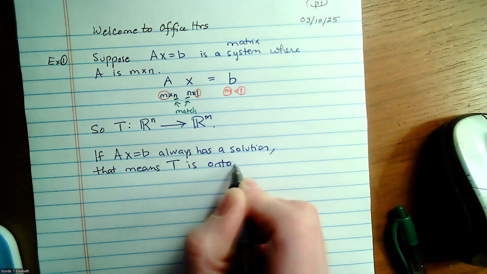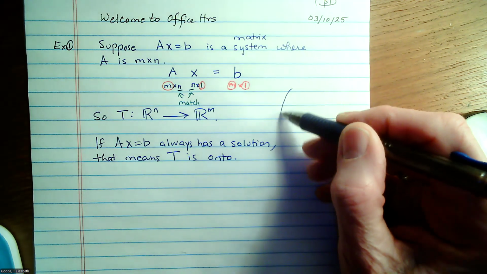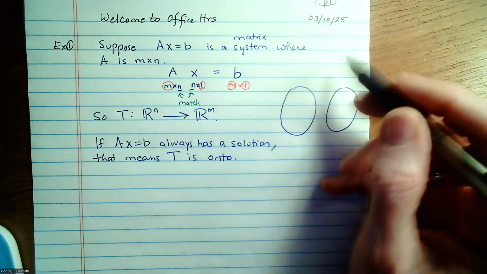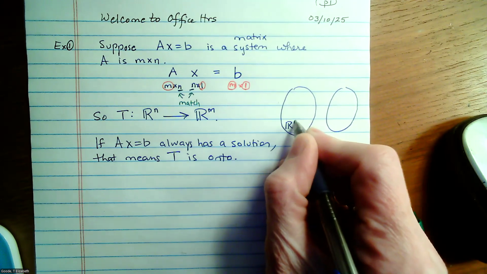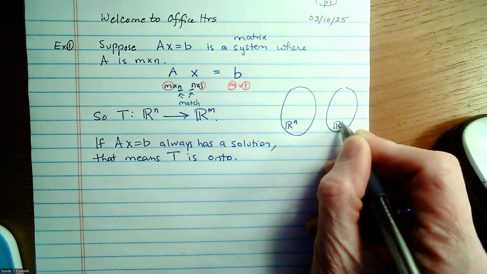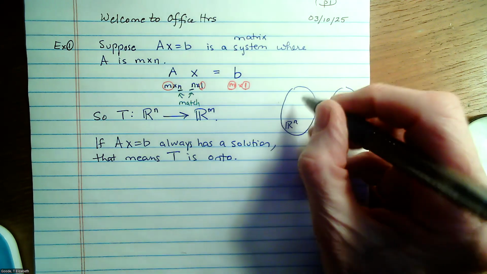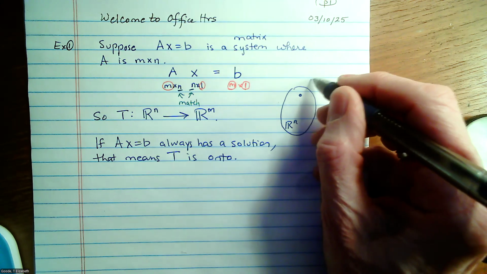Let me draw a picture to remind you about this concept of onto. I'll draw these as circles, but a lot of times we draw these spaces, Rn and Rm, as some kind of parallelogram. But the idea is this. We have x's over here and we have b's over here.